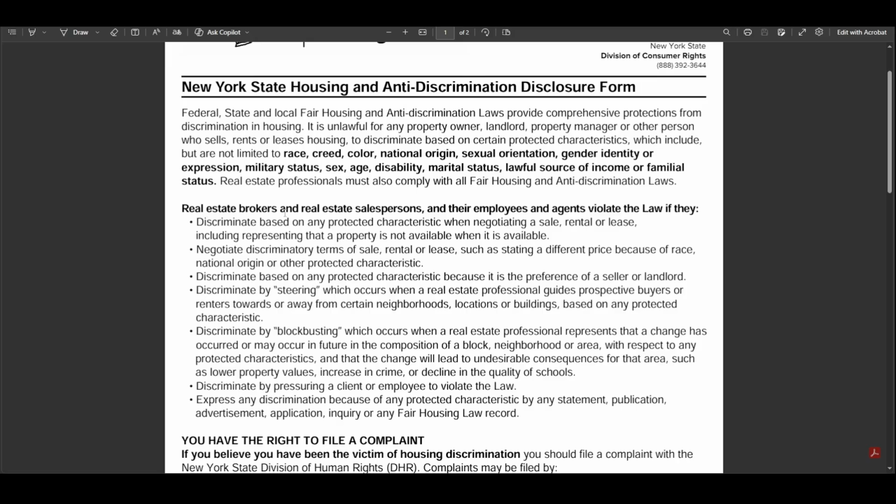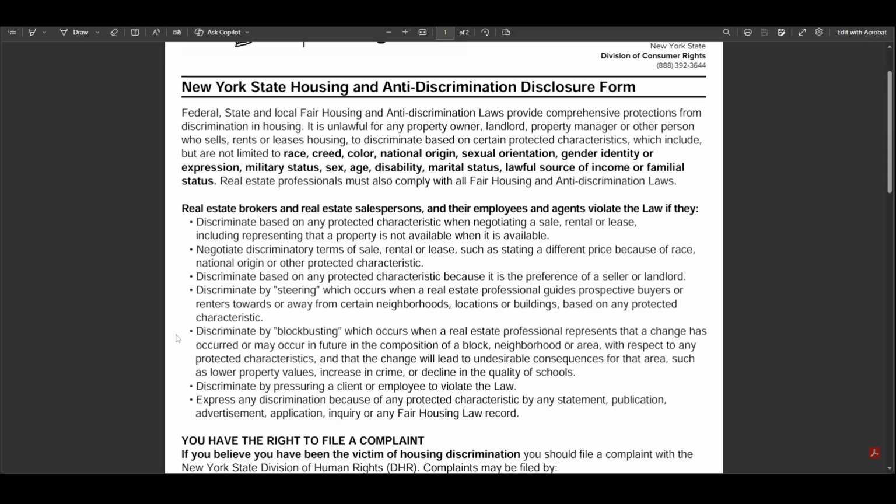So real estate brokers and real estate salespersons and their employees and agents violate the law if they discriminate based on any protected characteristics when negotiating a sale, negotiate discriminatory terms of sale, discriminate based on any protected characteristics because it is the present preference of a seller or landlord, discriminate by steering, which occurs when a real estate professional guides prospective buyers or renters towards or away from a certain neighborhood, etc.